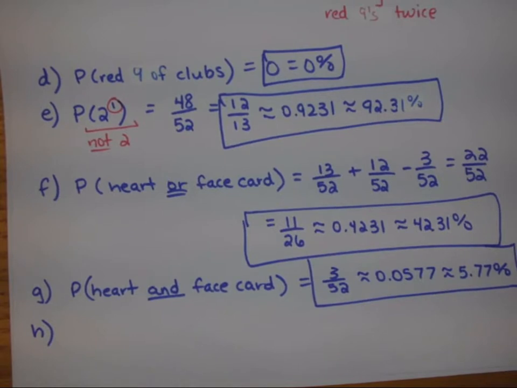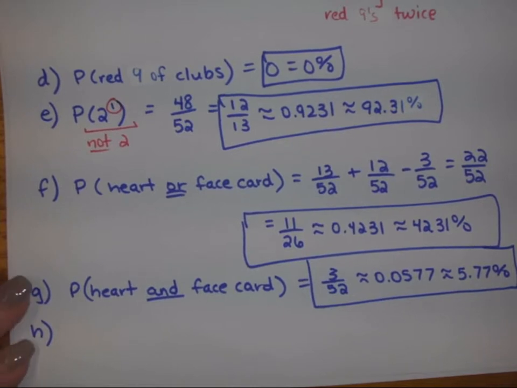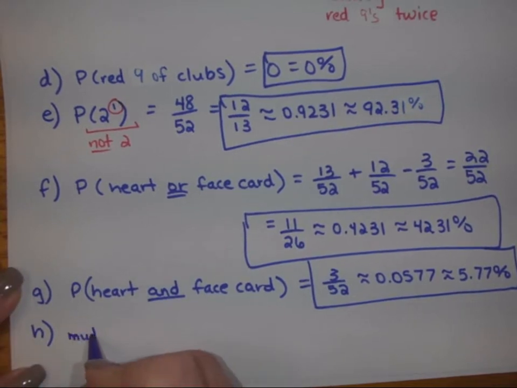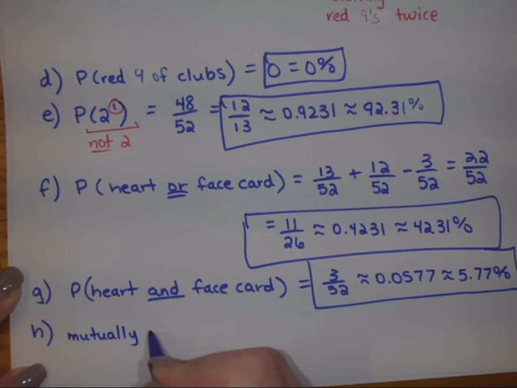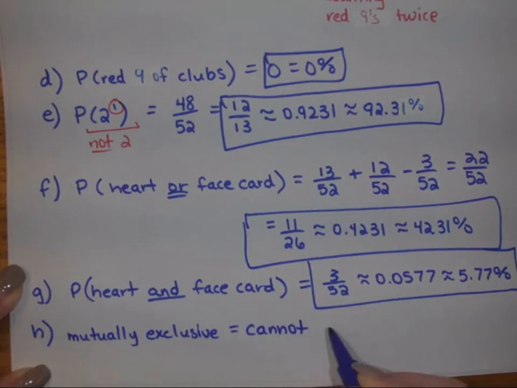H says, are the events drawing a card that is a heart and drawing a card that is a 2 mutually exclusive? Okay, remember mutually exclusive, we defined this way back when. Mutually exclusive means they cannot happen together.